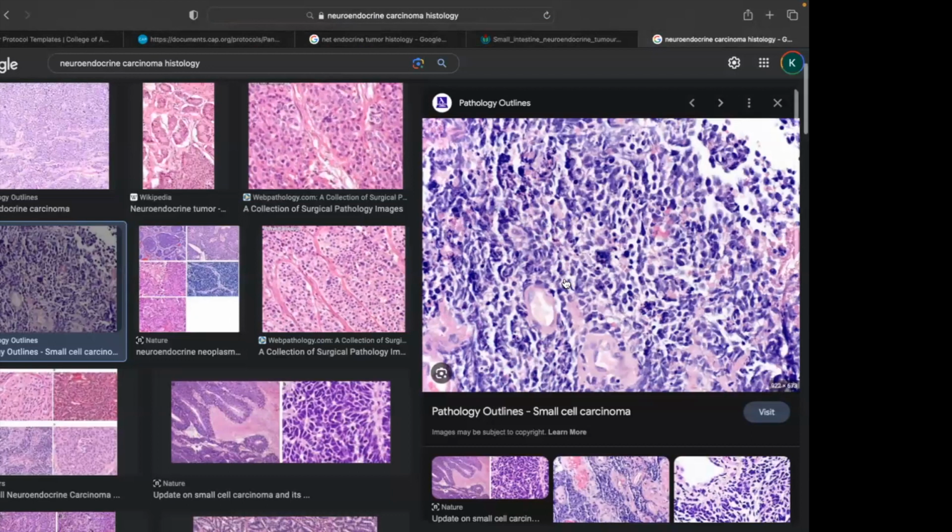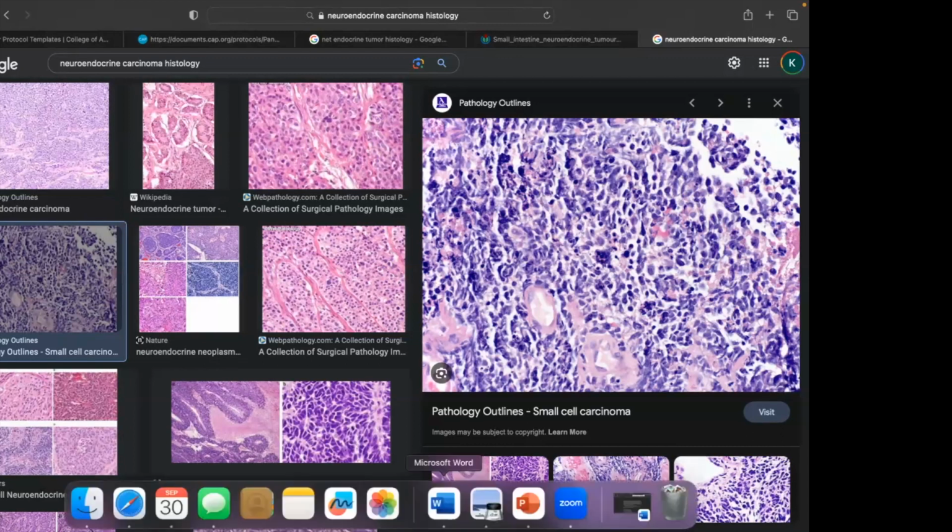It behaves more like an adenocarcinoma than a neuroendocrine tumor, and they have different treatment regimens. Also, sometimes it's hard to diagnose a G3 tumor versus a neuroendocrine carcinoma, and there's a whole host of immunohistochemistry we need to do in order to make the diagnosis.